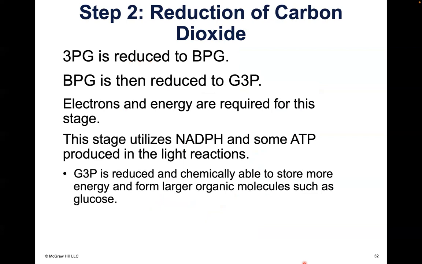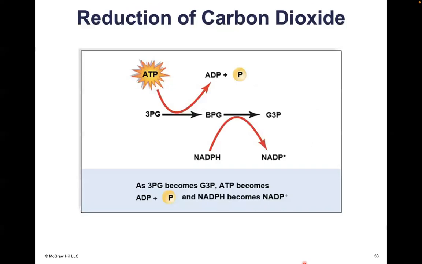BPG is then reduced to G3P, which is glyceraldehyde 3-phosphate. Electrons and energy are required for this stage. This stage utilizes the NADPH and ATP produced in the light reaction to produce more glucose. G3P is reduced and chemically able to store more energy in the form of larger organic molecules such as glucose. So this is a reduction of carbon dioxide.